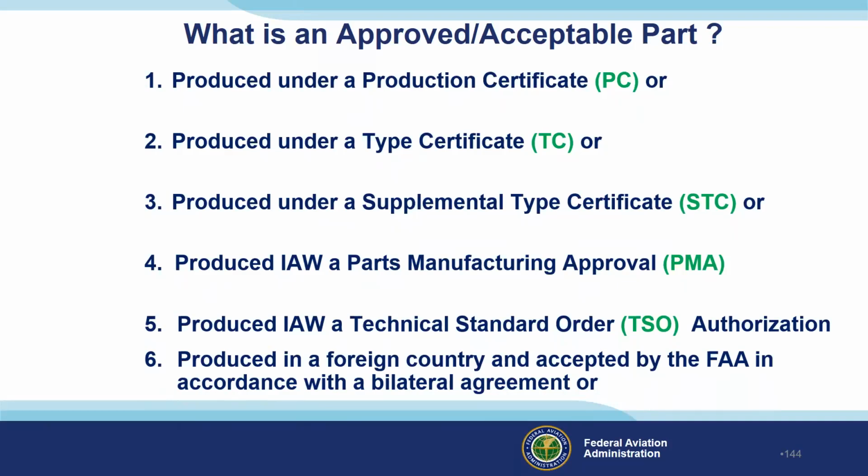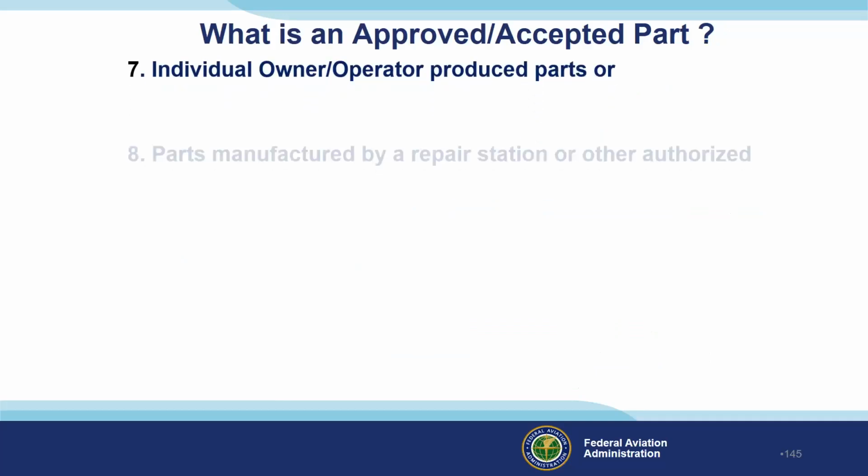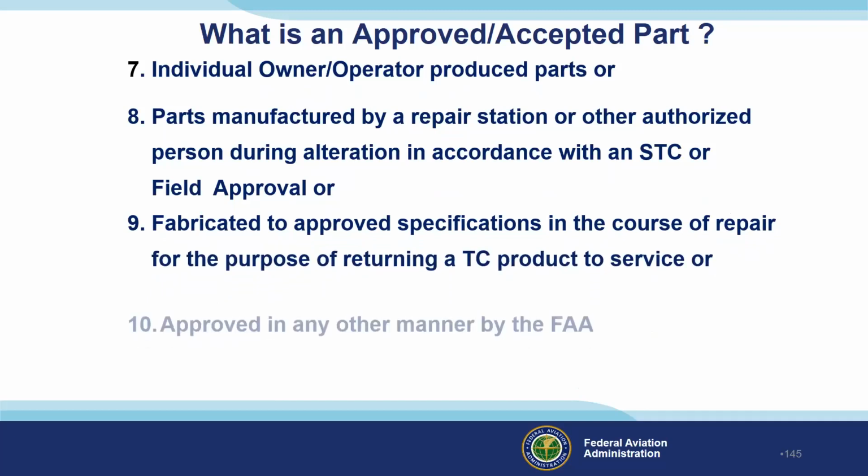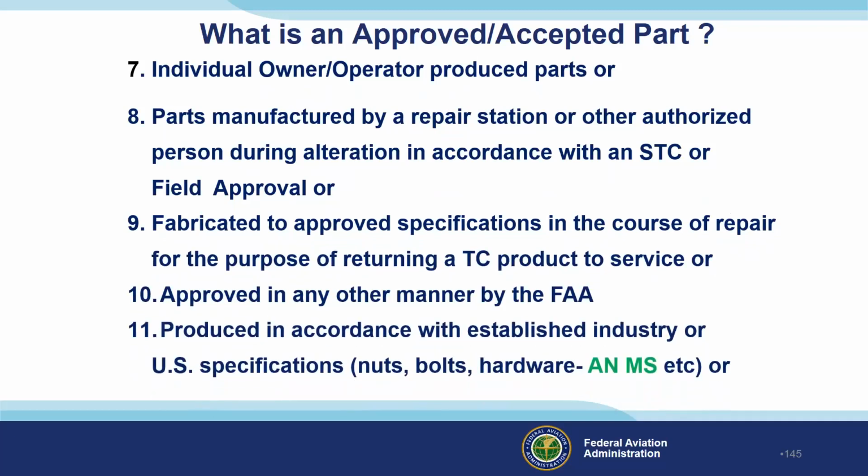So all those parts that were on it, those are approved. Produced under a type certificate, produced under STC, PMA, TSO, individual owner produced parts, or produced by a repair station, and it's quite a big list here.